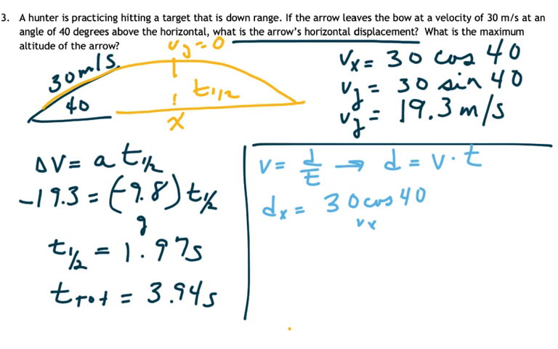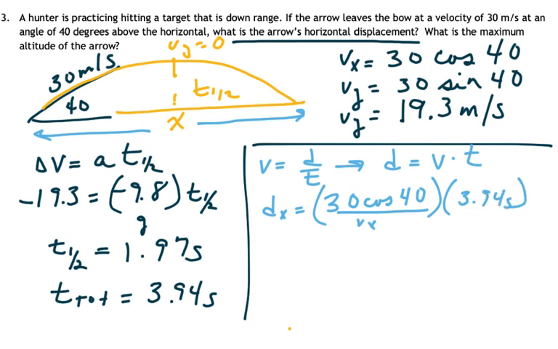So this is Vx, times our time. And we want the total time because we're talking about how far it goes in the 3.94 seconds. So distance in the x direction is equal to 90.4 meters.